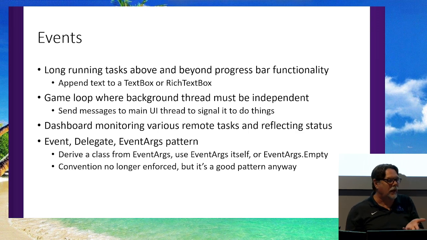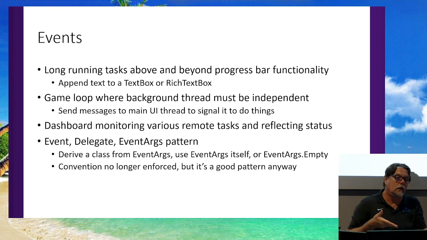I like the convention, mainly because I like code that's readable. When you're looking through a bunch of methods in a class and you come across one, it's like, oh, object sender, comma, event args E. Oh, that's an event handler. I recognize it. If you just start coming down with a method that's void, do something, custom class X as a parameter, is it an event handler? Maybe. Is it used for an event handler and something else?